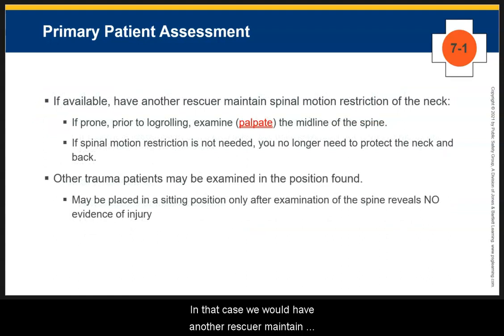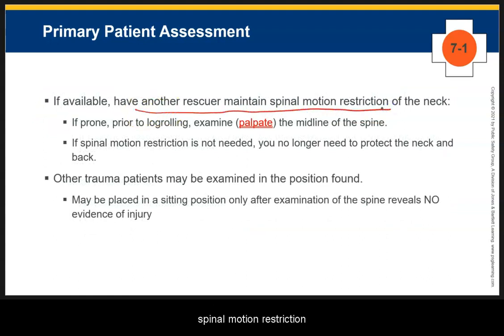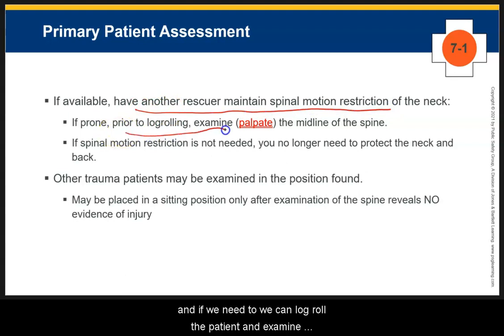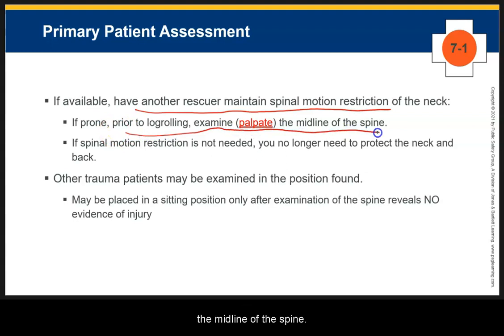In that case, we would have another rescuer maintain spinal motion restriction, and if we need to, we can log roll the patient and examine the midline of the spine. Other trauma patients will continue our assessment just as they are found.